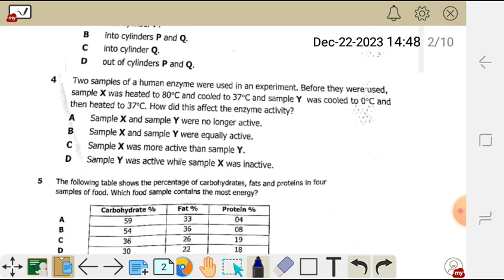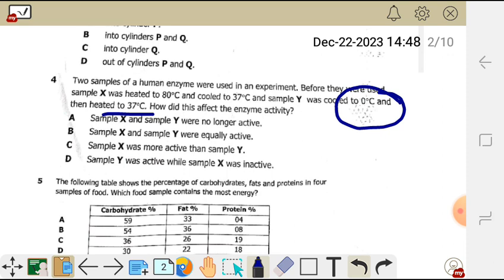Okay, so what is happening here is that sample X was heated. Enzymes are protein in nature, so when they are heated, they will be denatured, hence they'll become inactive. But Y, which was cooled to 0 degrees and then heated to 37 degrees, was cooled. When you cool a protein to a certain temperature, it won't be denatured, but when you heat it, it will be inactivated.